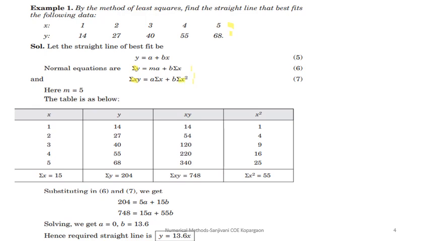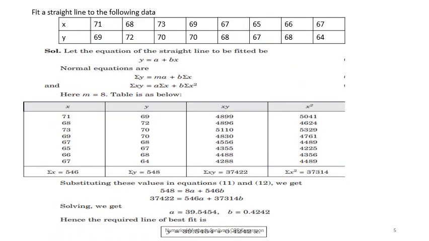So naturally in the table you will have x, y, xy and x square as the columns. If you want to fit a simple straight line of the format y is equal to a plus bx, you need to remember these two equations as we studied in the last slide. If you solve, you will get y is equal to 13.6x.